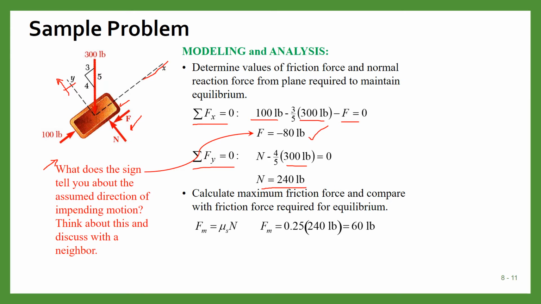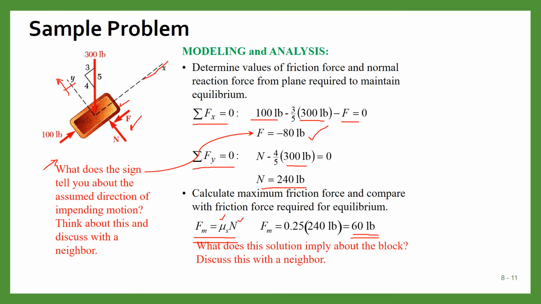Now we can calculate the maximum frictional force with this formula. We know N and mu s is given in the problem, so Fm is 60 pound. Now your maximum frictional force is less than this force, so that means the block will move, because this force is less than the force required for equilibrium.